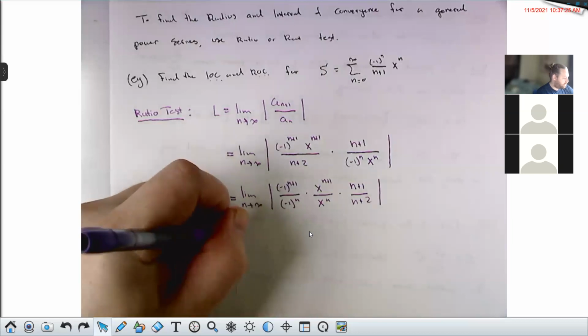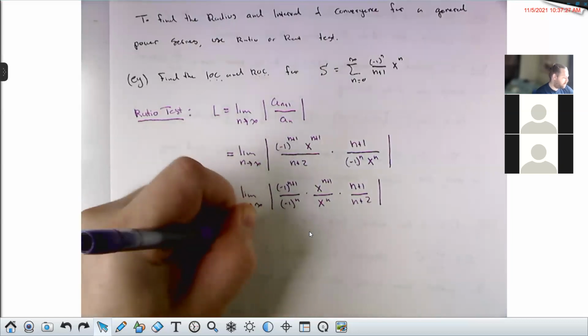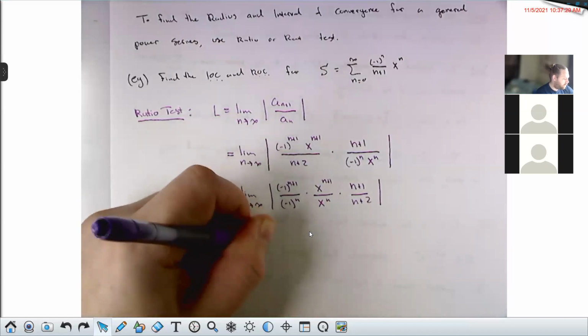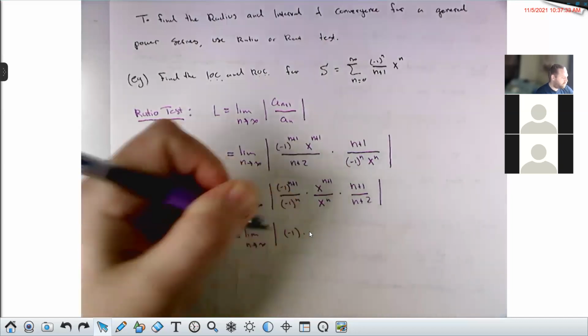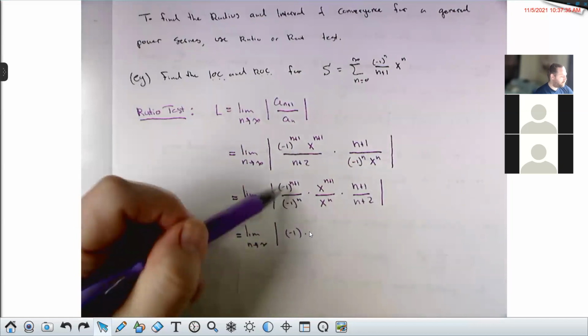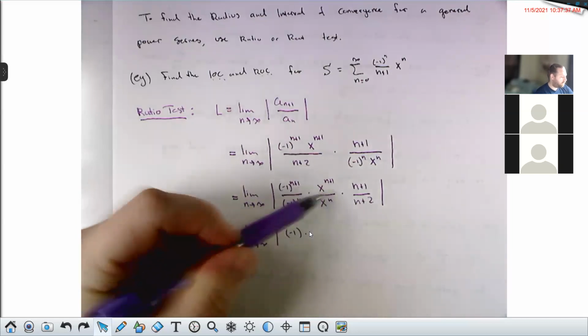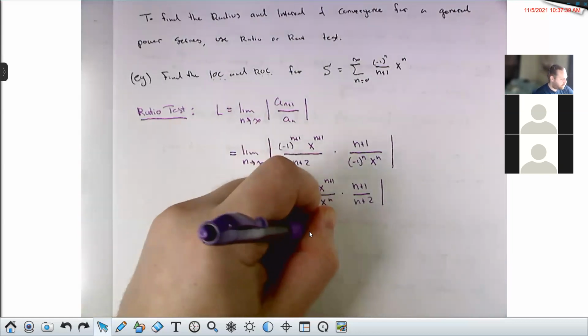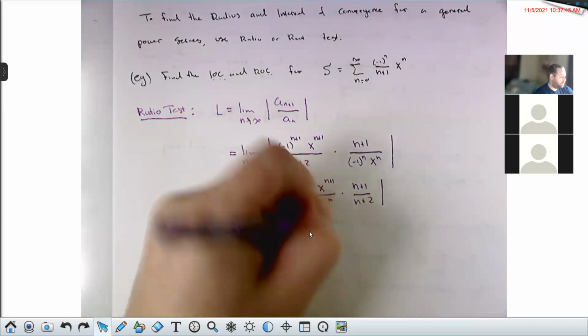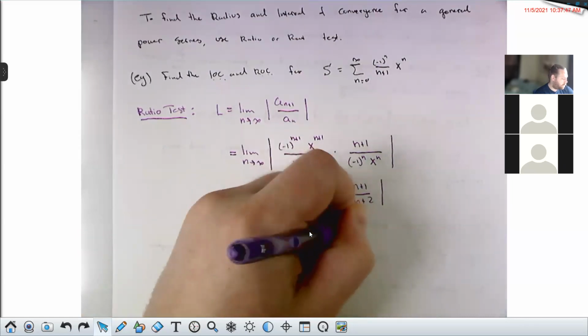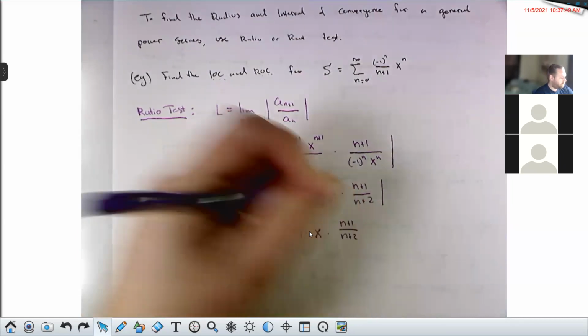So I have here the limit as n goes to infinity of the absolute value of negative 1 times, the same rule we use to simplify this to this, we can use to simplify x^(n+1) over x^n to plain old x. And then n plus 1 over n plus 2, not much to do there.